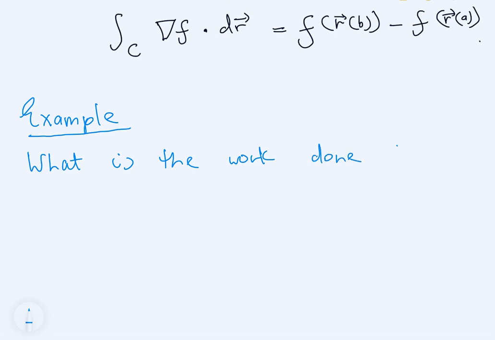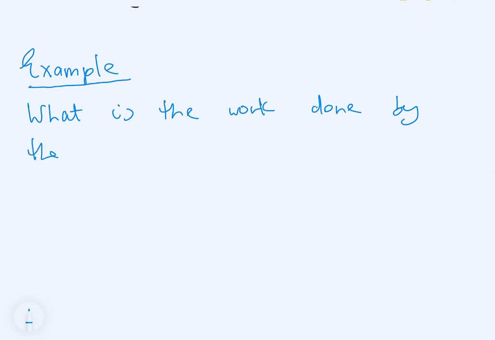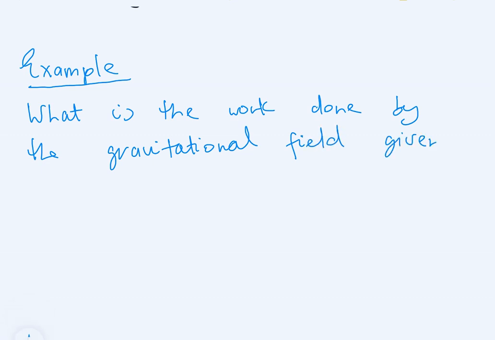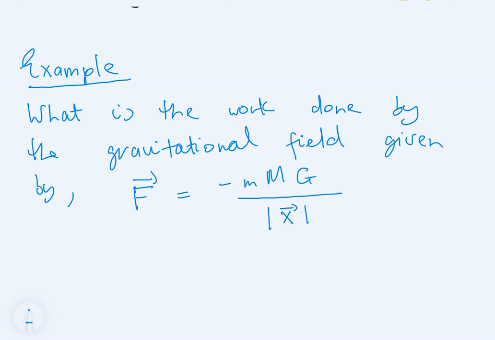What is the work done by the gravitational field given by F equal to minus m times big M multiplied by G over the norm of x to the power 3 multiplied by x?